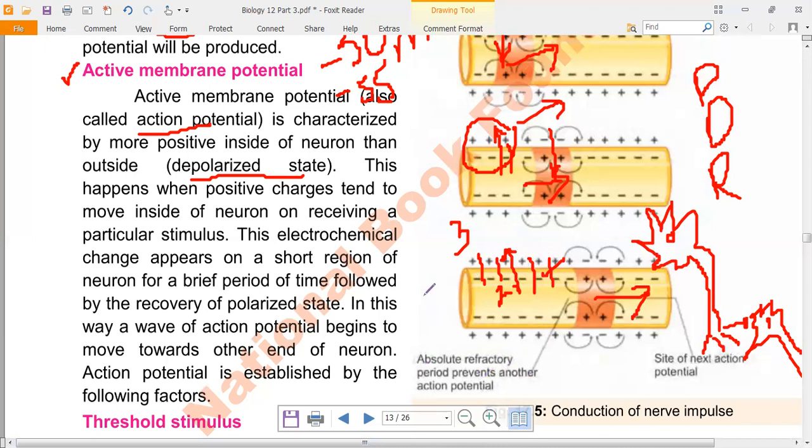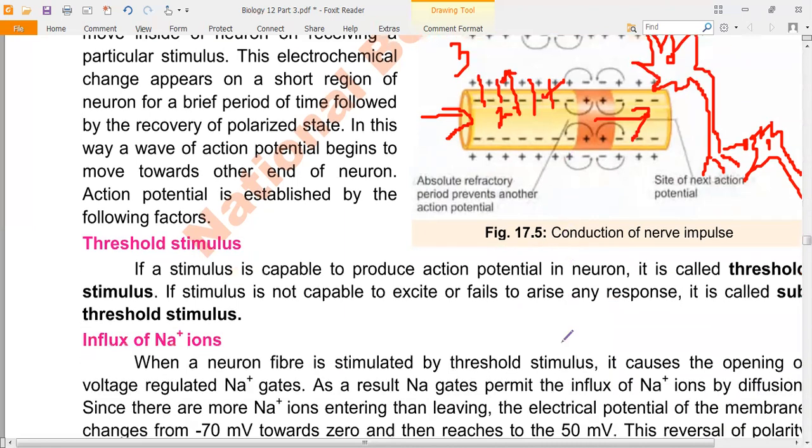So at the back, when there is a refractory period, near the action potential, the neuron is going to be ready to achieve another action potential, but yet it is not able to do this because the distribution of potassium ions and sodium ions is not proper here.